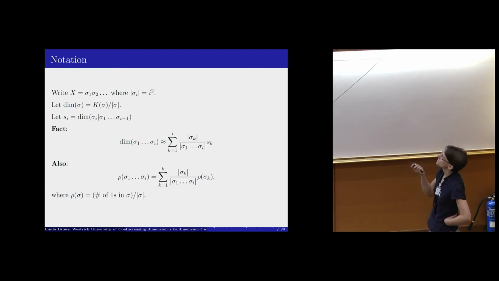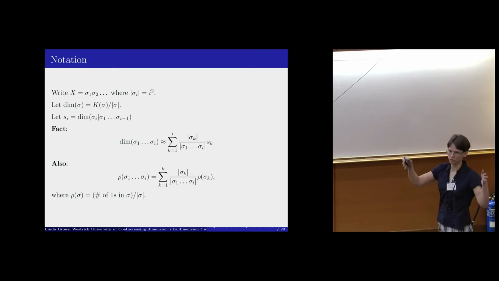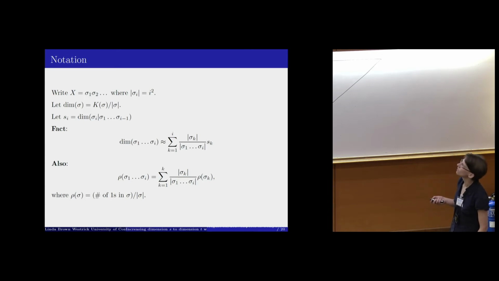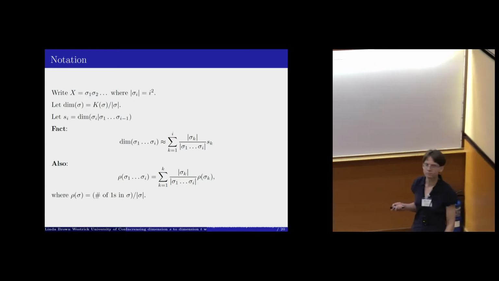The reason that this is an important quantity to keep track of is that you can use it to approximate the dimension of initial segments of a real. Yes, Rupert? Sorry, conditional dimension is just you use the K, which is conditional. Yes. Okay. Yes.